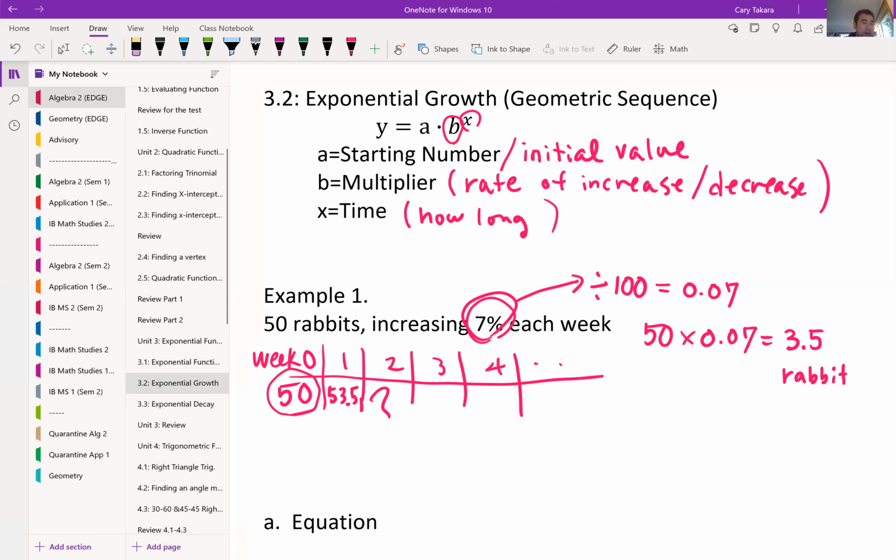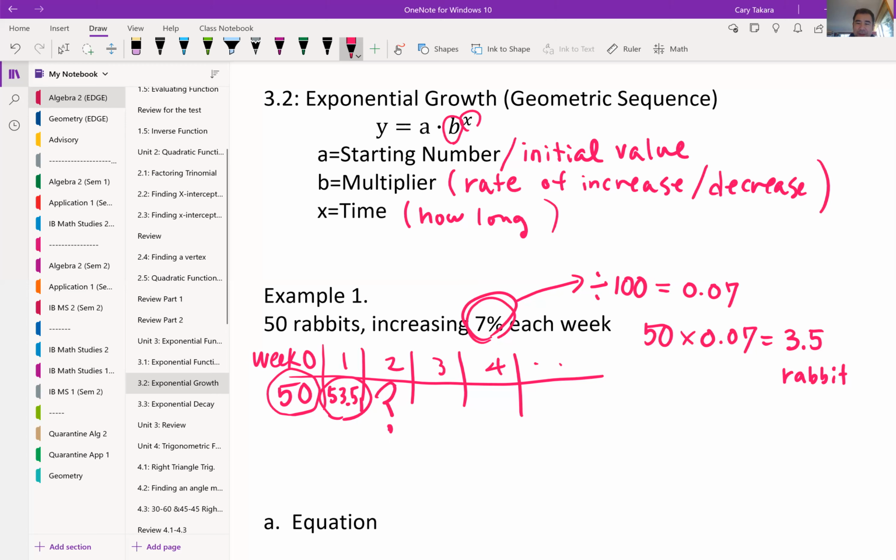The reason why we are not just adding 3.5 is because you have a 7% increase, right? Now, that means you are going to have 7% of not just 50, but this time to figure out the second week, you're going to have 7% of now 53.5 rabbits. Does that make sense? That's going to be a little bit more than 3.5.